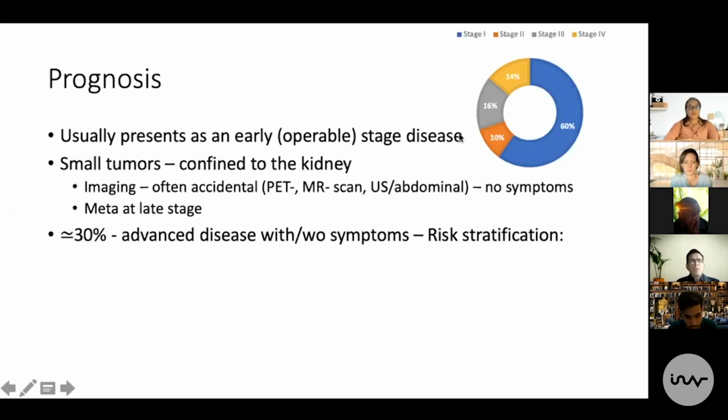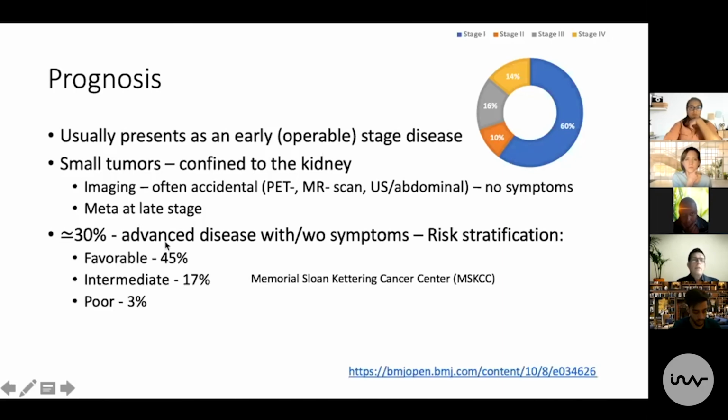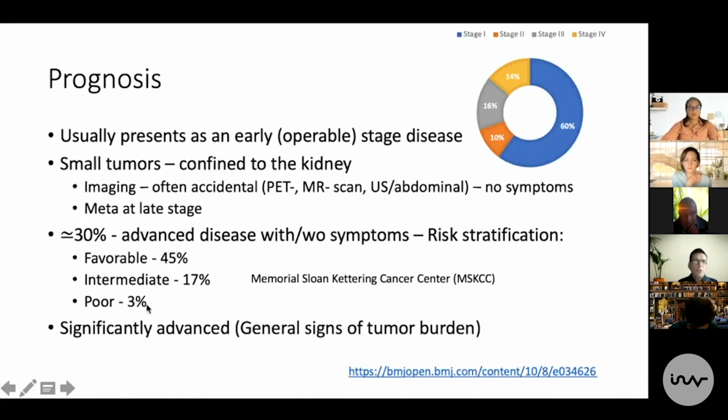About 30% of the cases are discovered at stage 3, and there is a risk stratification, and the Memorial Sloan Kettering Cancer Center risk stratification is used in most of the cases in the clinics, and still in stage 3, about 45% of the cases have a favorable prognosis, and only 3% has a poor prognosis. However, in significantly advanced disease, the prognosis is usually poor.